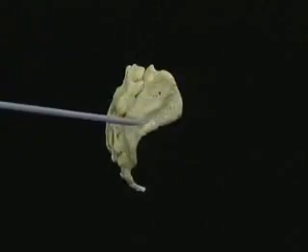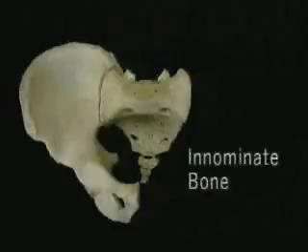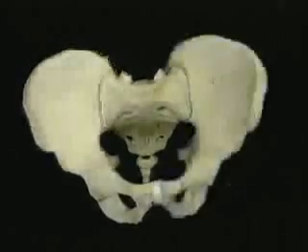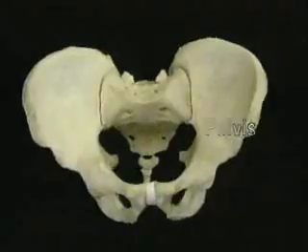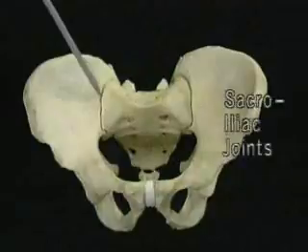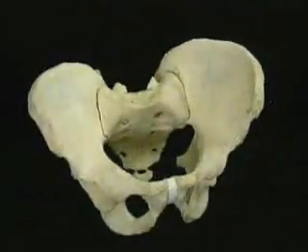This curved auricular surface articulates on each side with the upper part of the innominate bone, or hip bone, to form the pelvis. The joints between the sacrum and the hip bones are the sacroiliac joints. These joints permit almost no movement.